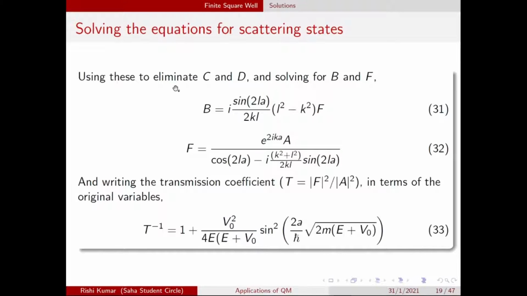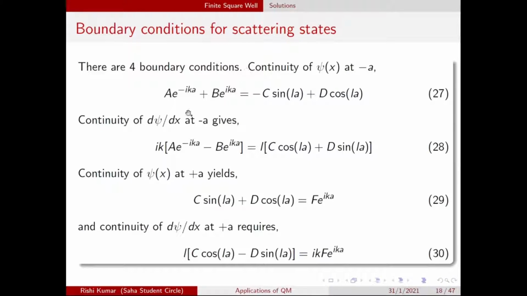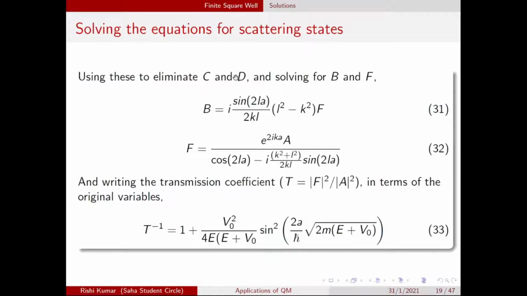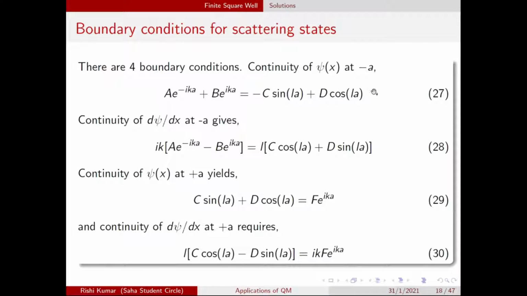Pretty simple stuff. Using these equations we can eliminate C and D, and solve for B and F. Again, this is just some algebraic manipulation. I'm not going to go too deep into it, since deriving all of this might be very time consuming.